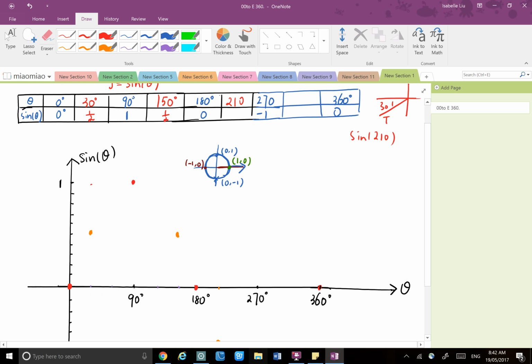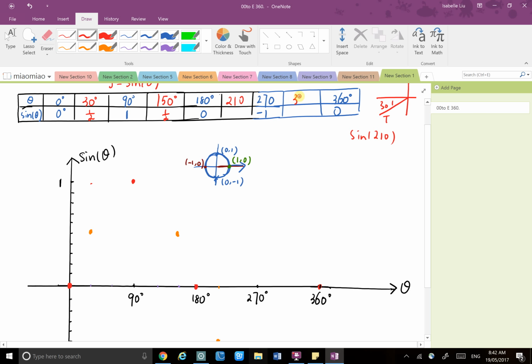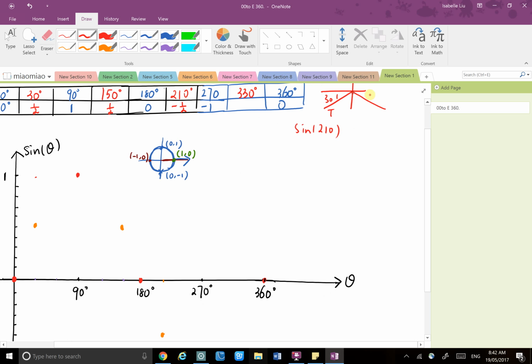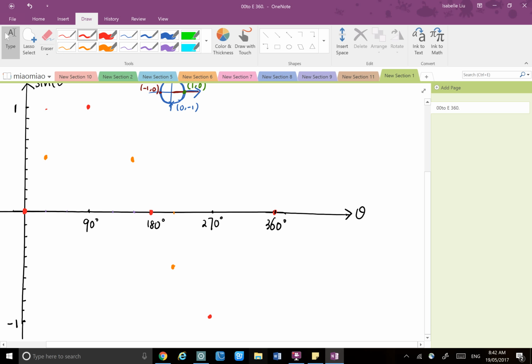The last one, let's make 330. What does 330 give you? Yep, negative a half. 330 is here. The reference angle is 30 degrees as well. It's in the fourth quadrant, where sine is negative, so it's negative a half as well.